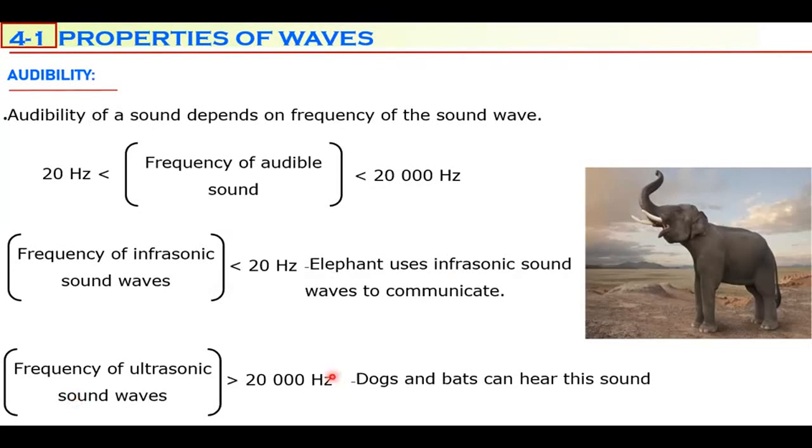Again, some animals can hear these sounds: dogs and bats can hear ultrasonic sound waves. But the human audible range will be between infrasonic and ultrasonic, which is the audible region between 20 hertz and 20,000 hertz.